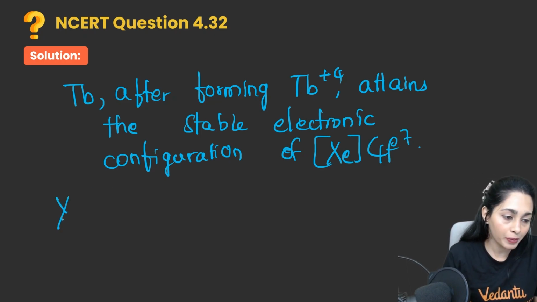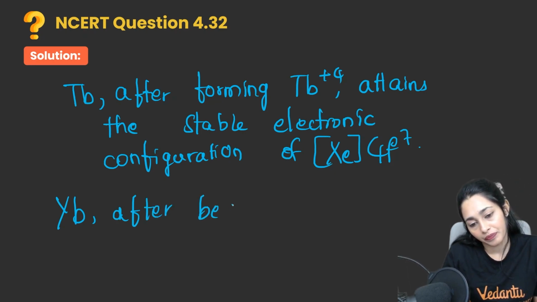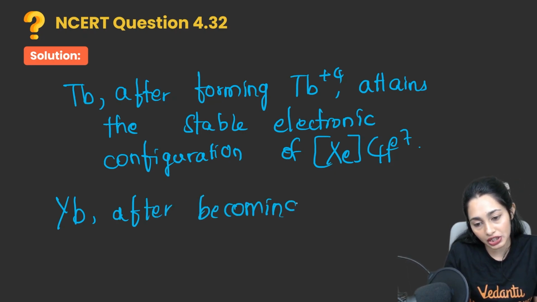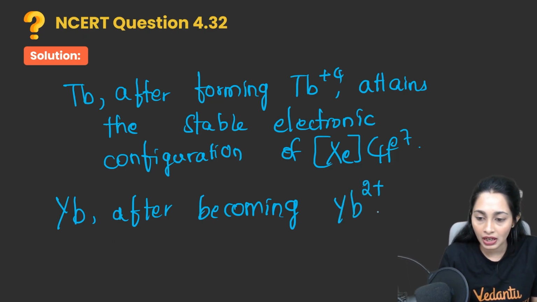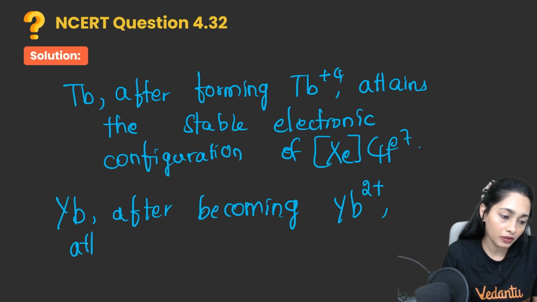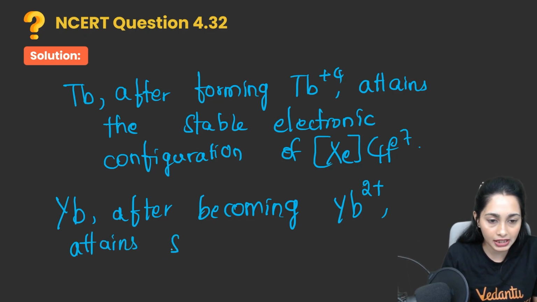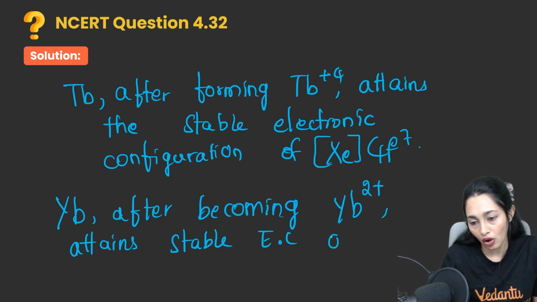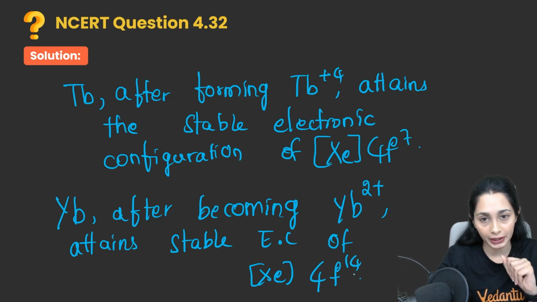Ytterbium, Yb, after attaining its +2 oxidation state, attains the stable electronic configuration of xenon followed by 4f14, which is completely filled.